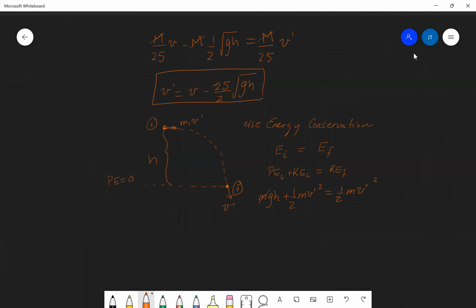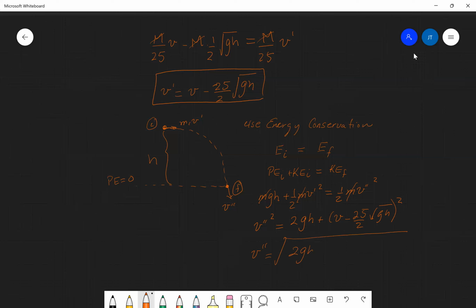So the m's cancel out, multiply by 2 throughout, so v double prime squared equals 2gh plus v prime squared, and here's v prime squared, v minus 25 over 2 square root of gh, squared. So v double prime is going to be the square root of that.